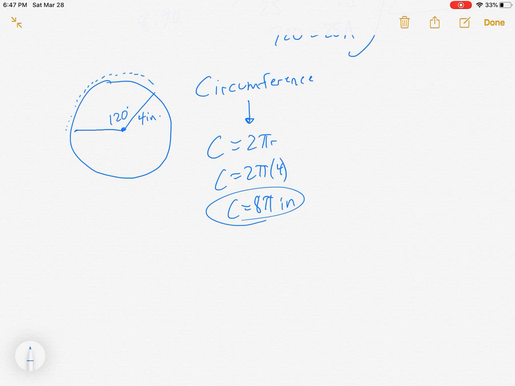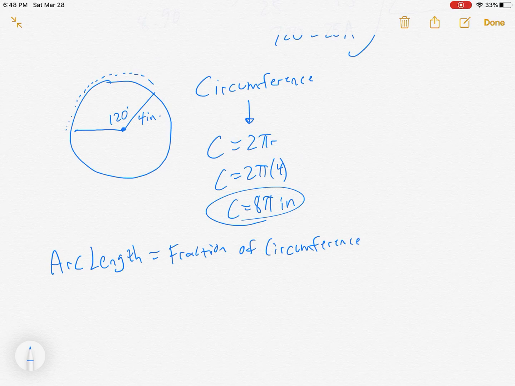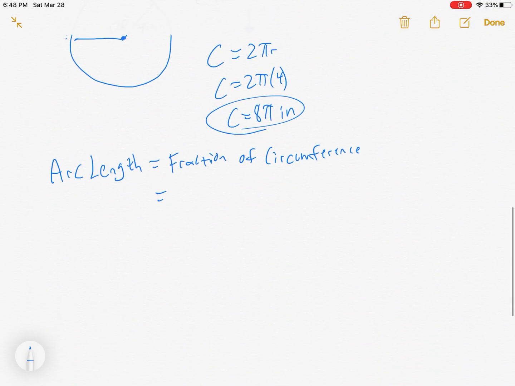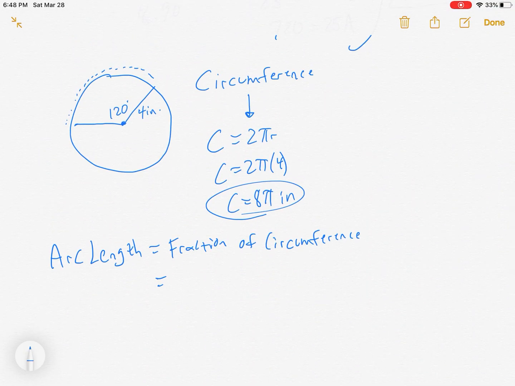So you might remember when I talk arc length, I always describe it as fraction of circumference. Now, I guess it could be the entire circumference if your angle is 360. When I say fraction of circumference, let's do fraction of the circle times the circumference.